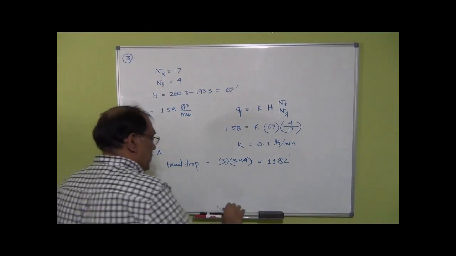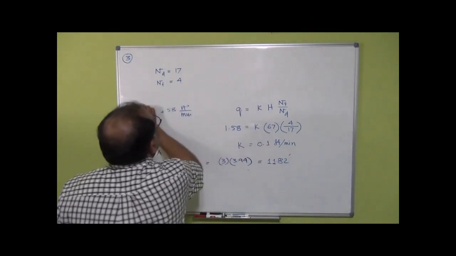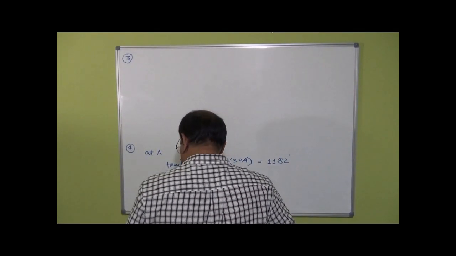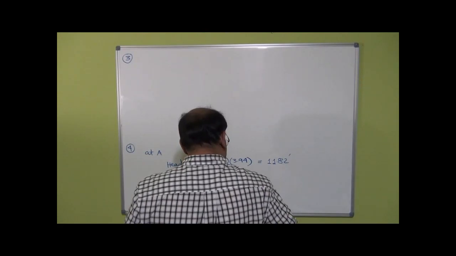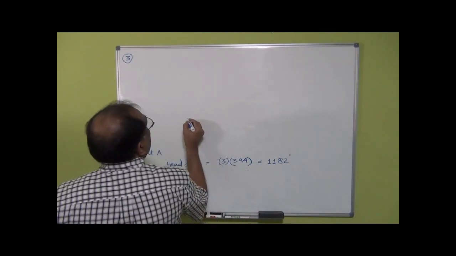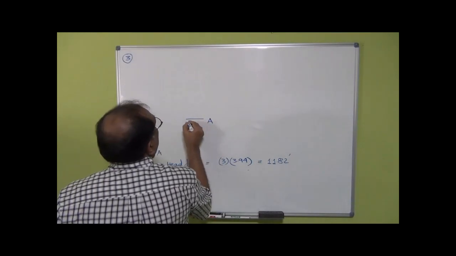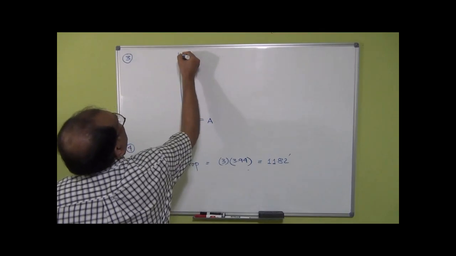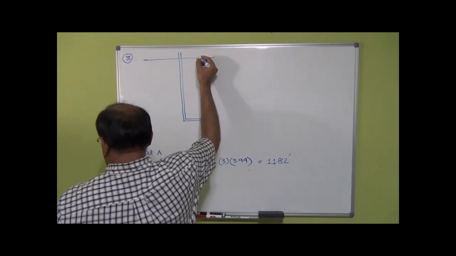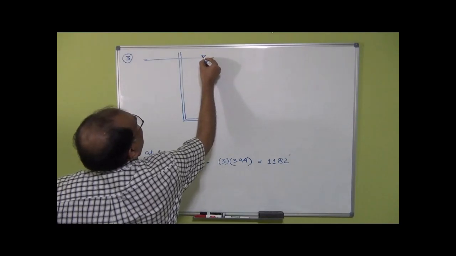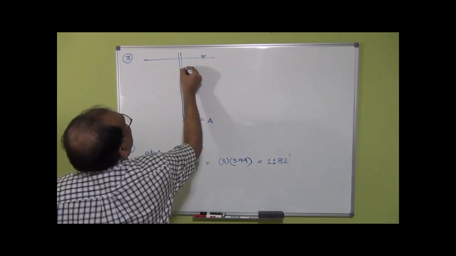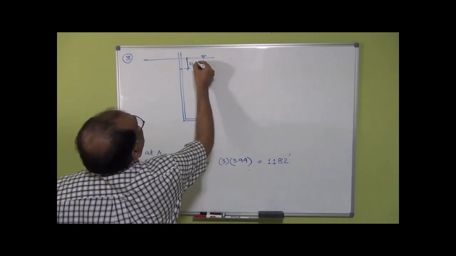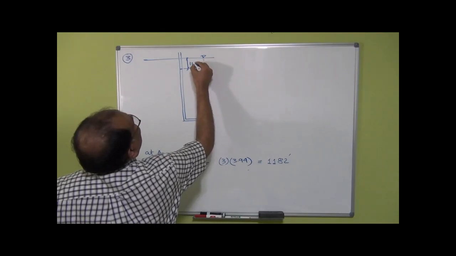Okay, so if you put a piezometer here at point A, let's say this is your water table here, you will see the water level is 11.82 feet below that.